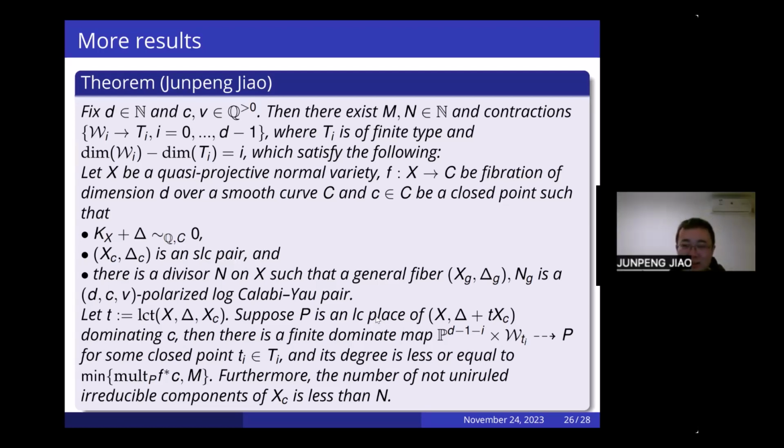I didn't hear you. I was saying that when you take a family of hyperkähler and you degenerate it, on the central fiber you can have at most one component that is non-uniruled. There's only one non-uniruled component on the central fiber, exactly. So I mean, the bound is less than N, but maybe N is 1.